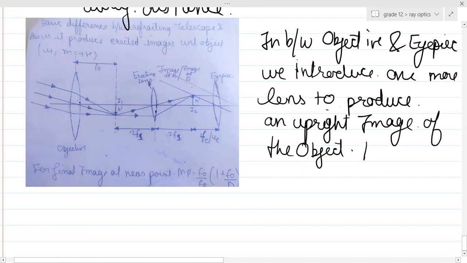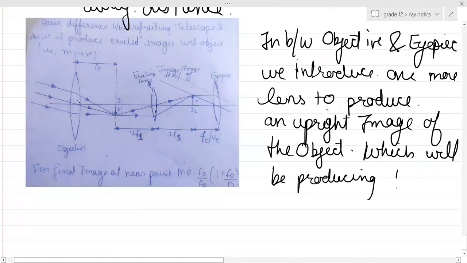So in between objective and eyepiece, we introduce one more lens to produce an upright image of the object, which will be producing the final image in the eyepiece.